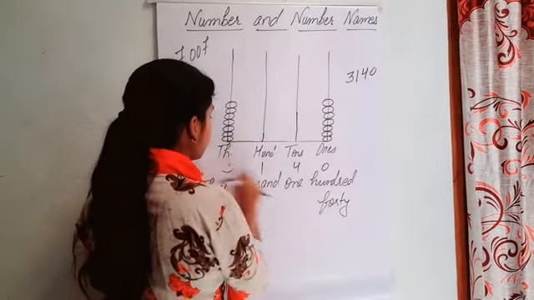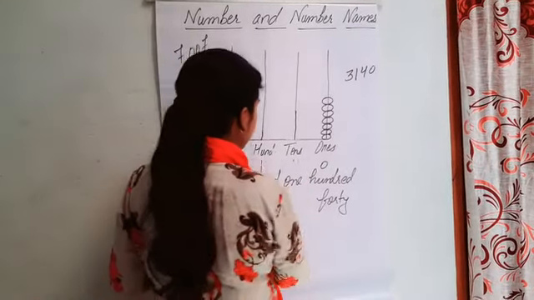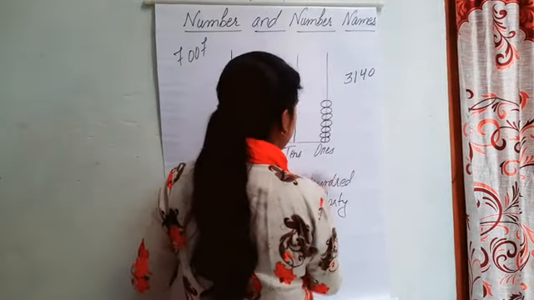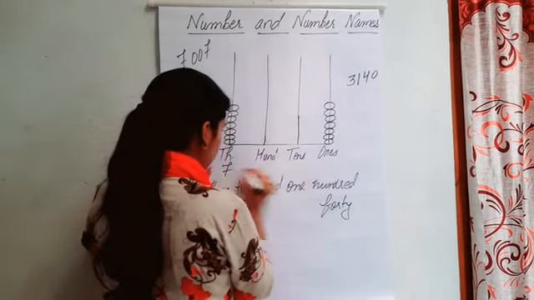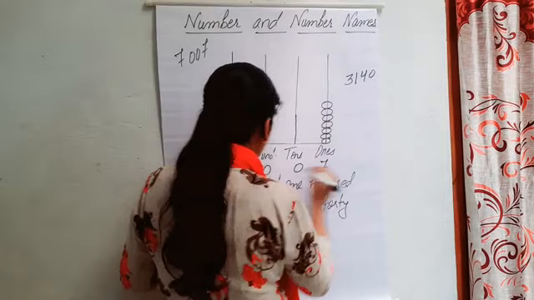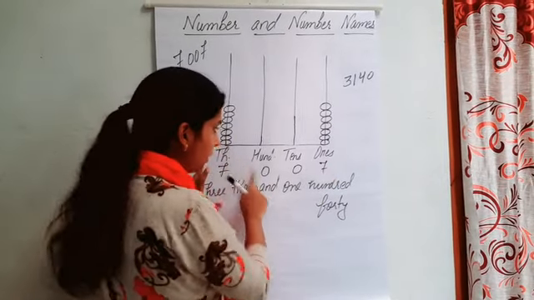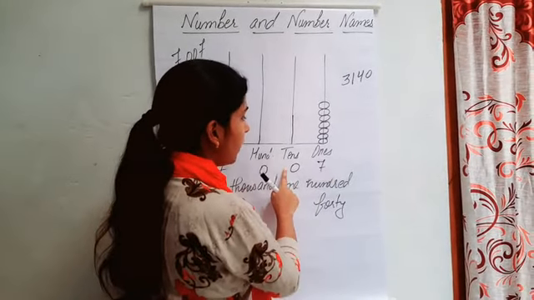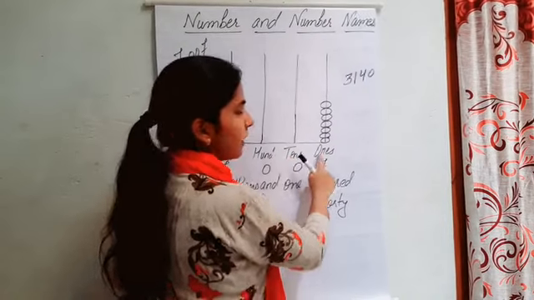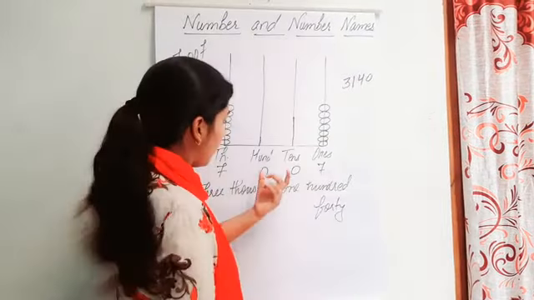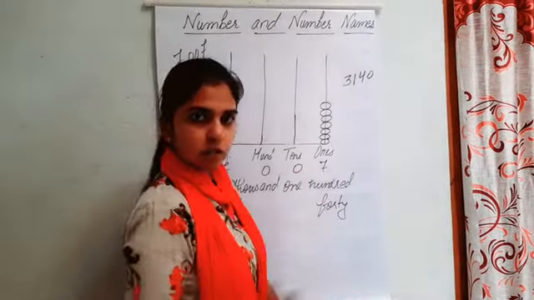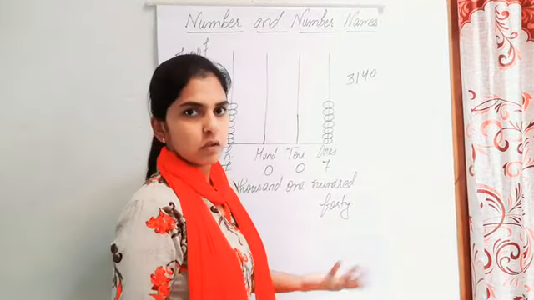Now let us write its name. Its name will be 7 thousand, 0 hundred, 0 tens and 7 ones. At these two places 0, 0 are there. It means 0 means nothing.